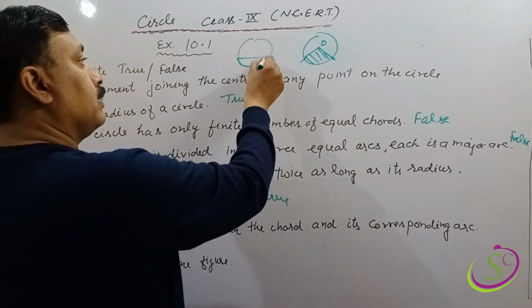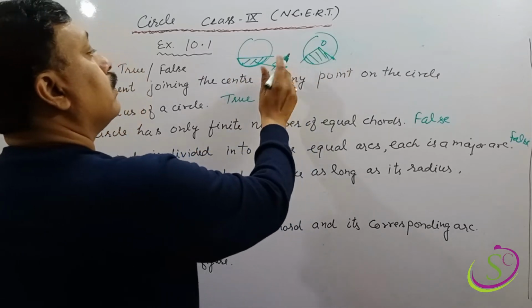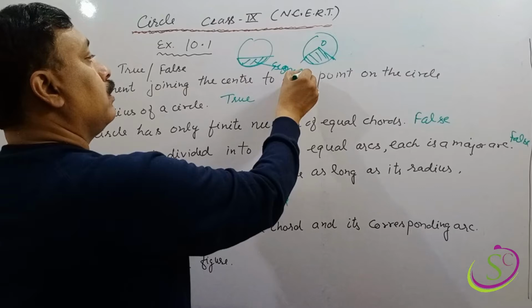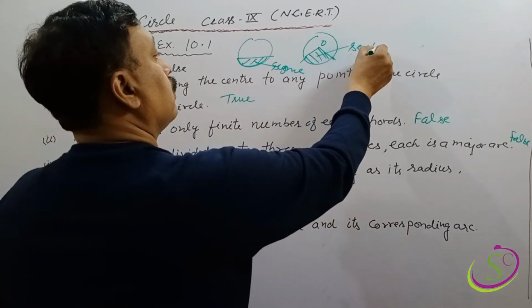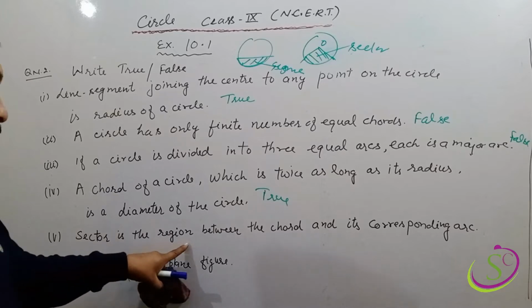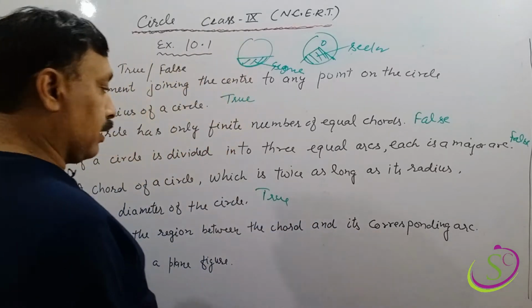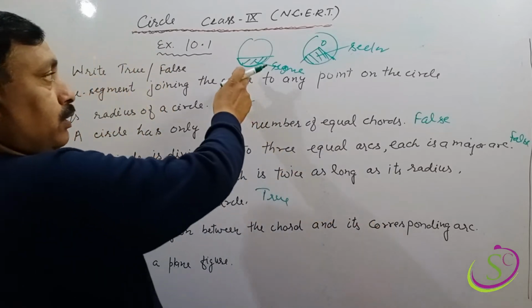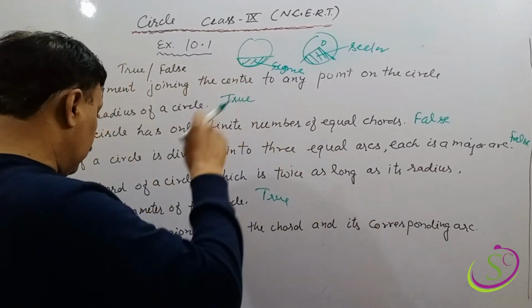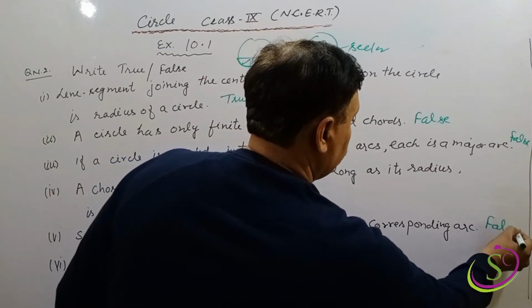Chord is this, arc is this. So this is a segment and this is a sector. So see the statement: sector is the region between the chord and its corresponding arc. तो chord और arc के बीच का जो region है that is segment, not the sector. So it is a false statement.